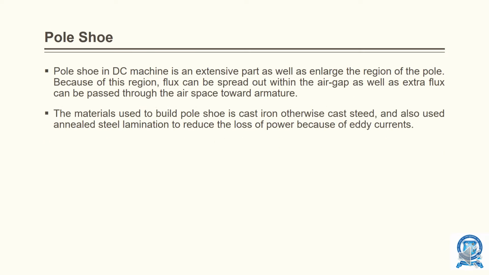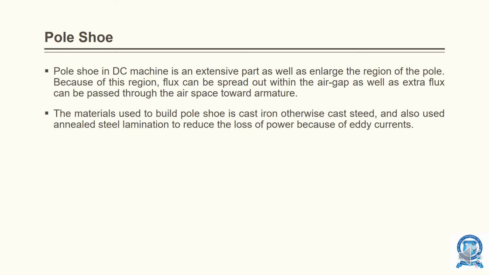Pole shoe. The pole shoe in a DC machine is an extended part that enlarges the area of the pole. The main function of the pole shoe is to distribute the magnetic flux uniformly. So in order to get uniform magnetic flux, we go for pole shoes.